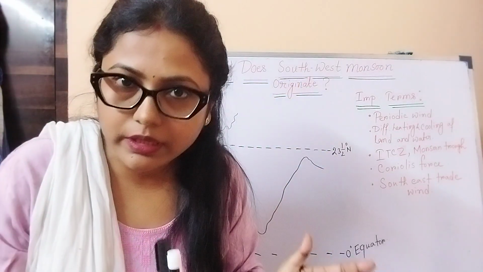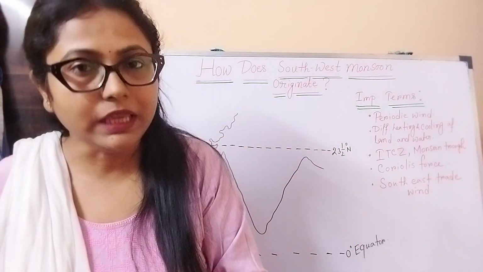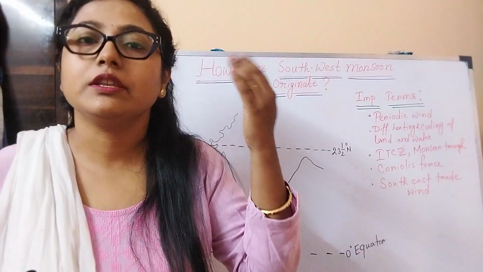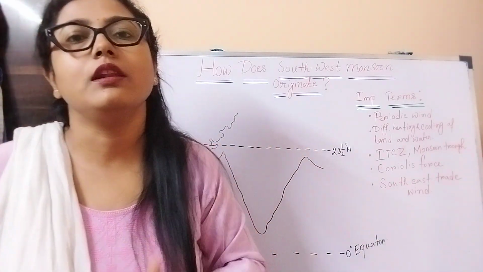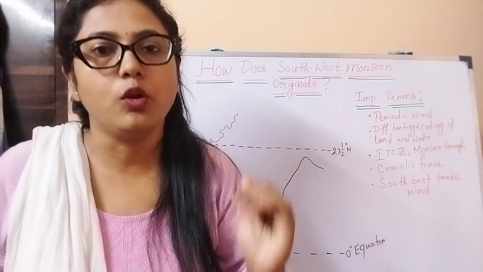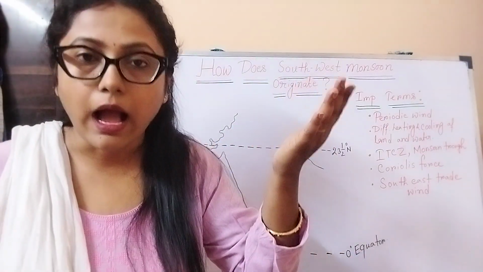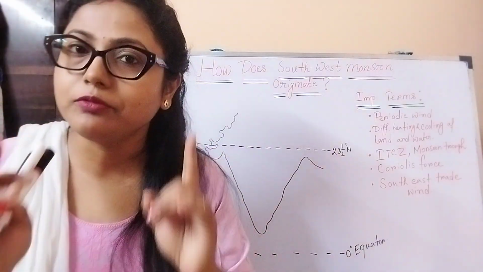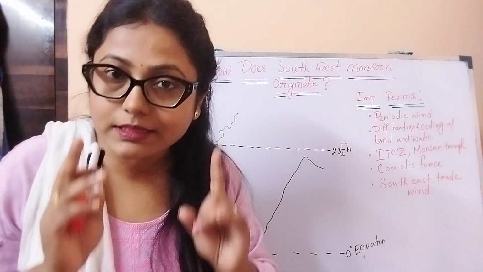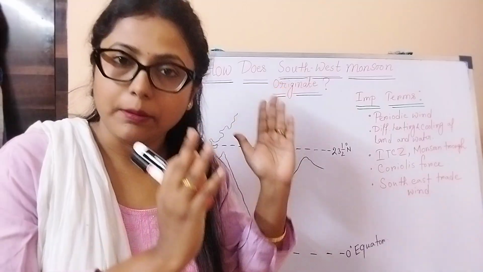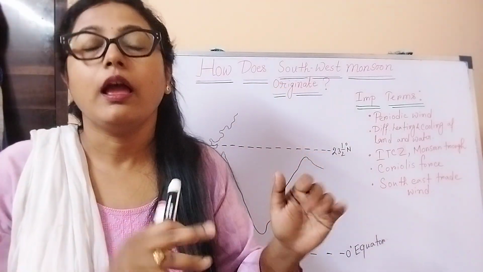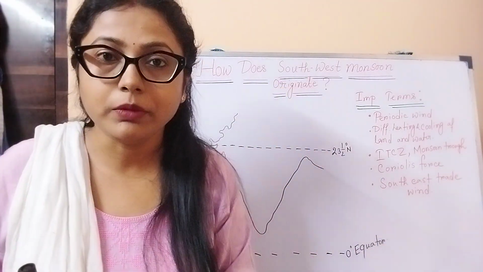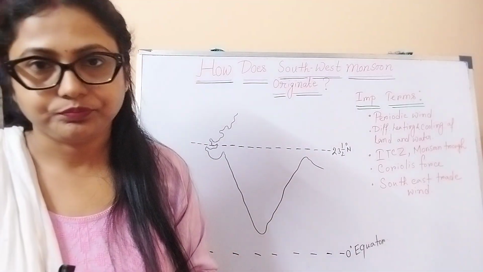When temperature is high, pressure will be low. When temperature is low, pressure will be high. You have to keep this relation in mind to understand where high pressure and low pressure can be formed in different seasons.